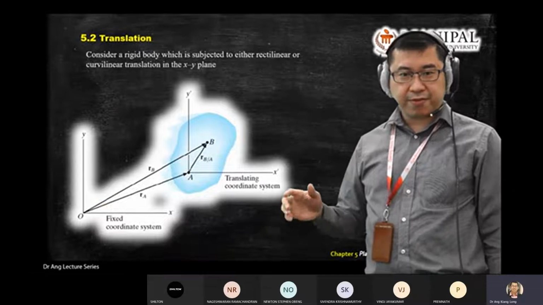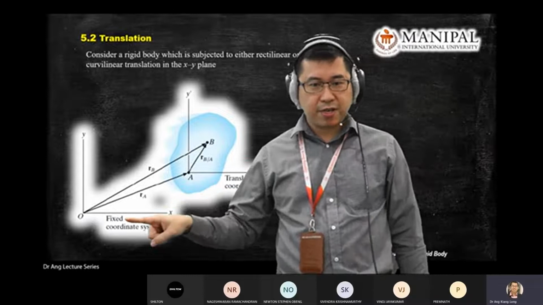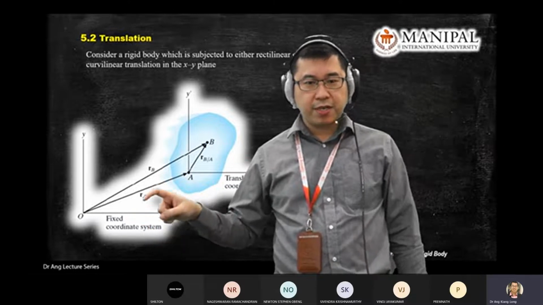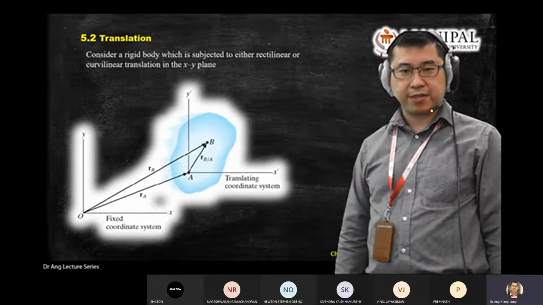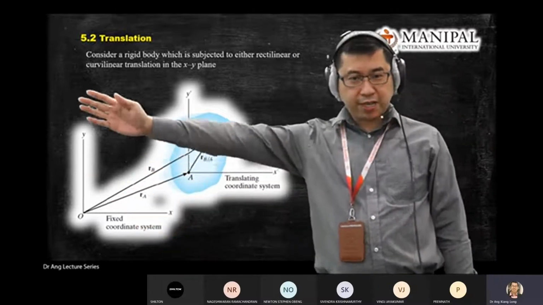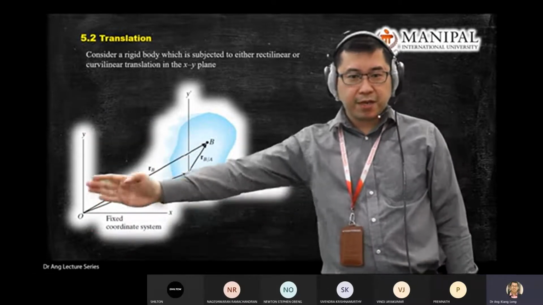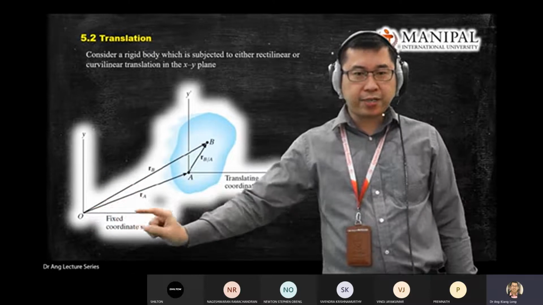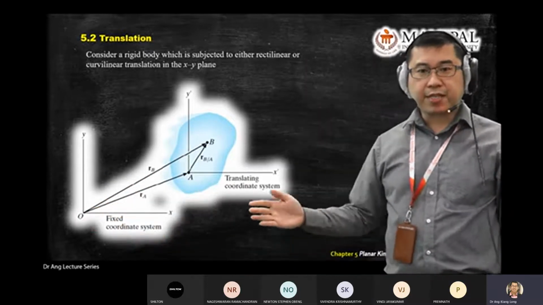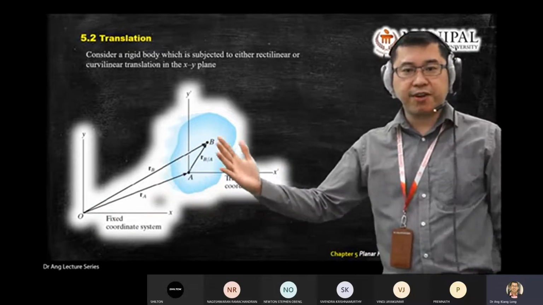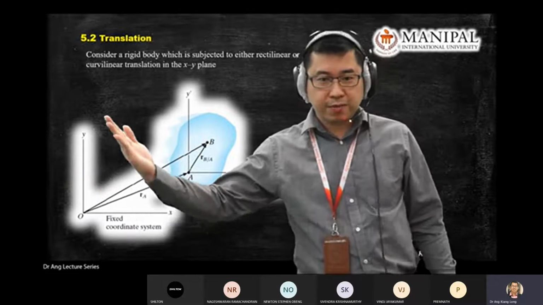For chapter 5, it's important to give a reference axis, especially for the fixed coordinate system. This axis will give you the remaining parameters. So the first thing for chapter 5, you draw the fixed coordinate system, x and y, and label O as your fixed coordinate system or your anchor point. Next, you need a translation reference axis, where this is the original position.